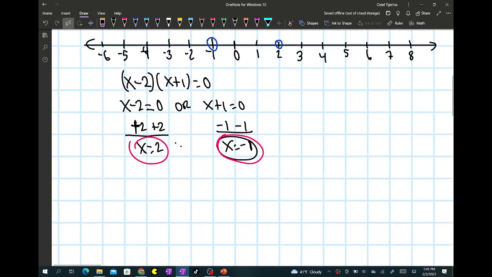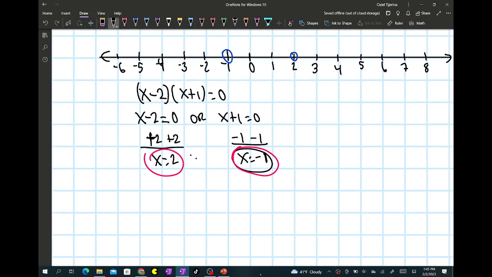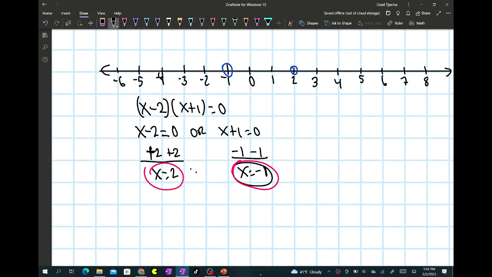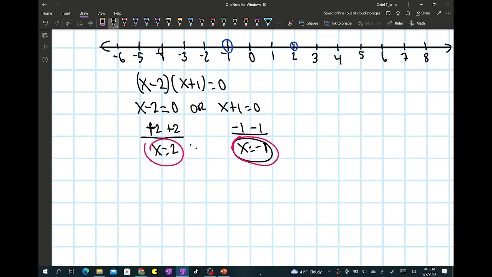Now I want to pick a number in each of the following intervals: negative infinity to negative 1, not including negative 1, then negative 1 to 2, not including negative 1 or 2, and then 2 to infinity.